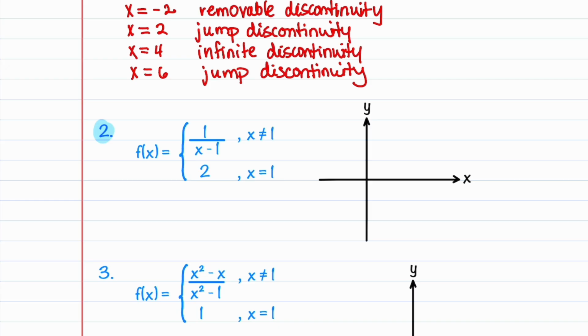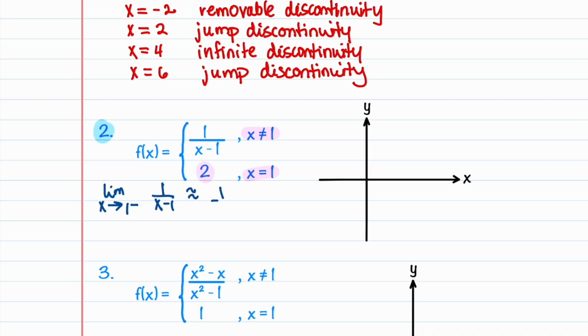In our second example, we see that the function is defined at x is equal to 1. And to determine the type of discontinuity, we need to understand better what's happening in the region around x is equal to 1. So let's look at the limit as x approaches 1 from the left of 1 over x minus 1.